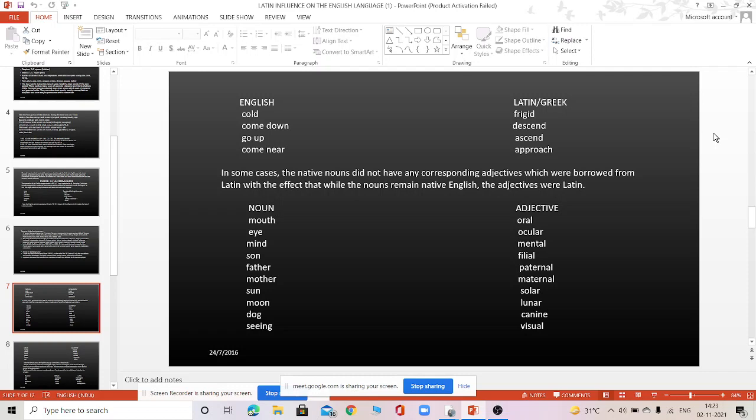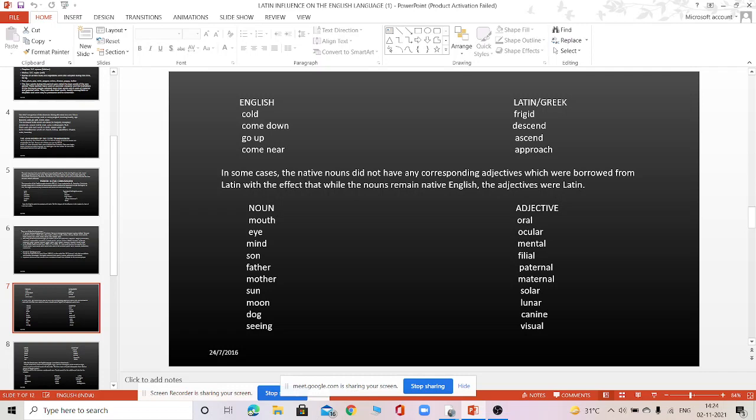That there are two columns. Here you see English, Latin or Greek. So the Latin or Greek word actually came from, of course, the Latin or the Greek language, and it was translated into English. The Latin word is frigid, while in English it is translated as cold.